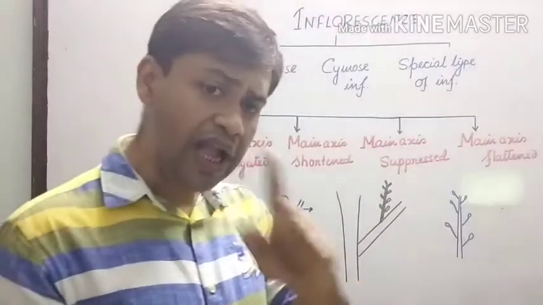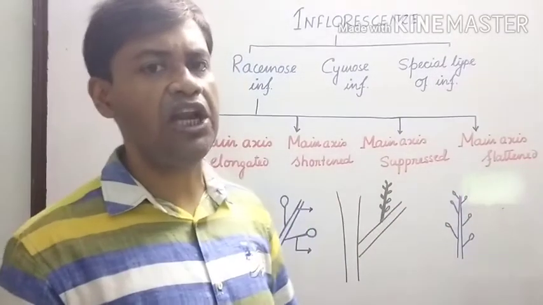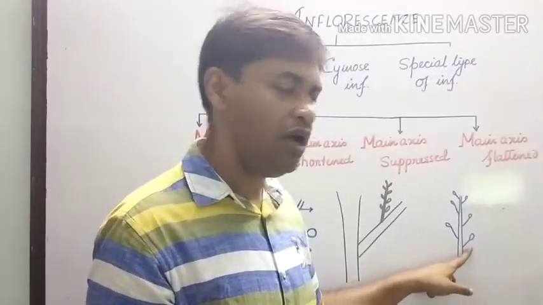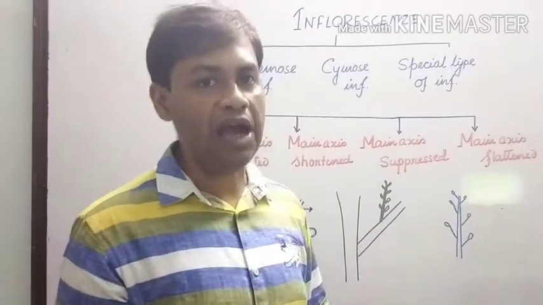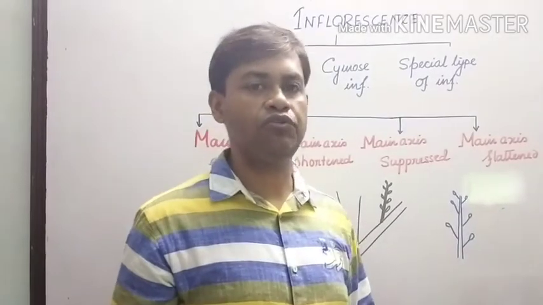Is it clear? Acropetal succession কি আমি বলেছিলাম রুট পড়ানোর সময়, you will get it once again in the inflorescence. মানে lower flowers will be the older and upper flowers will be the younger.